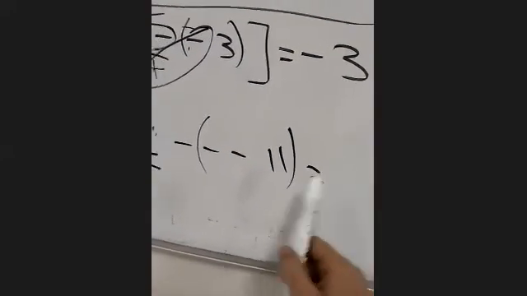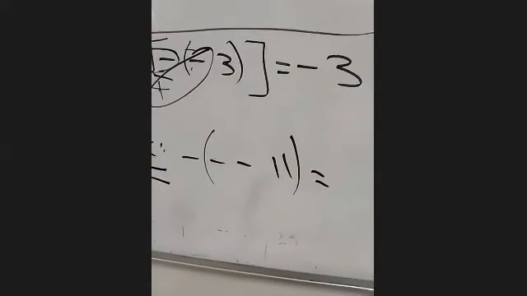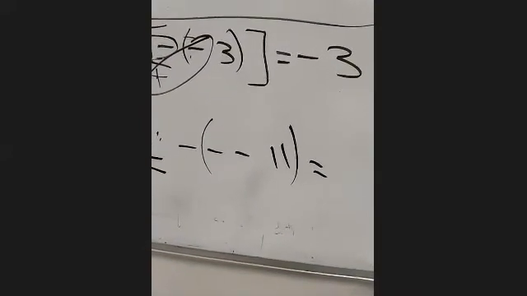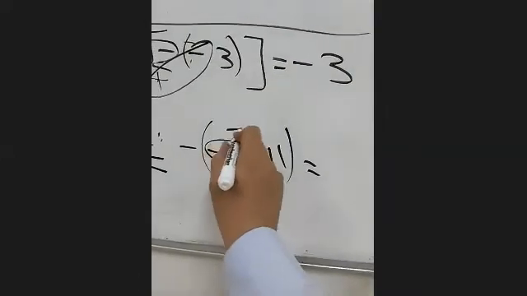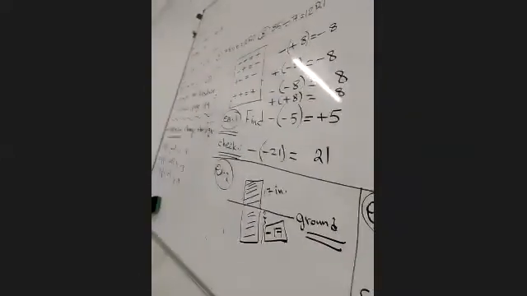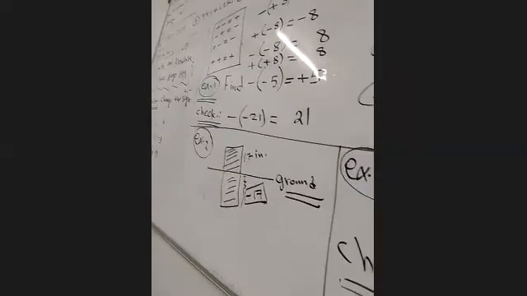How will I find the value of this 11 with 3 negatives? First of all, we said negative, negative together is positive. From where do we know that? From the table, right? From the square.